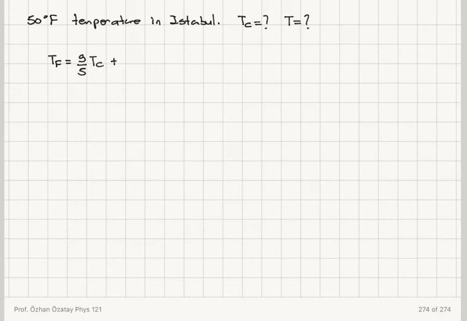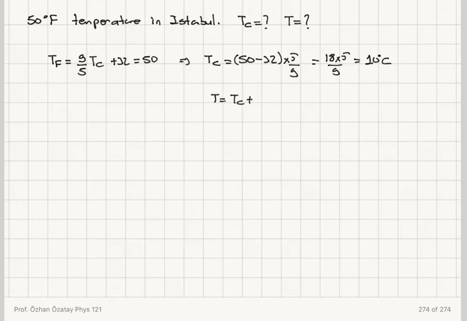Now, because I know that temperature in the Fahrenheit scale is 9/5 Tc plus 32, I can use this relationship to get Tc is equal to 50 minus 32 times 5/9. So I realize that this is 18 times 5/9. That is 10 degrees Celsius. And how many Kelvin is 10 degrees Celsius?